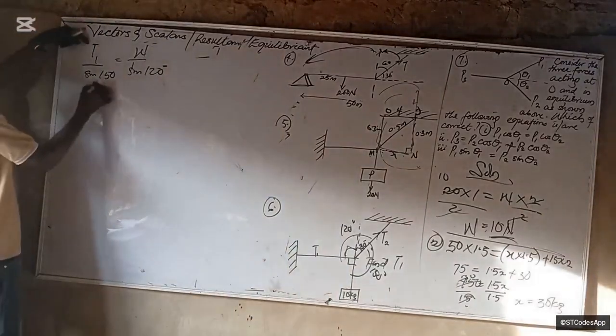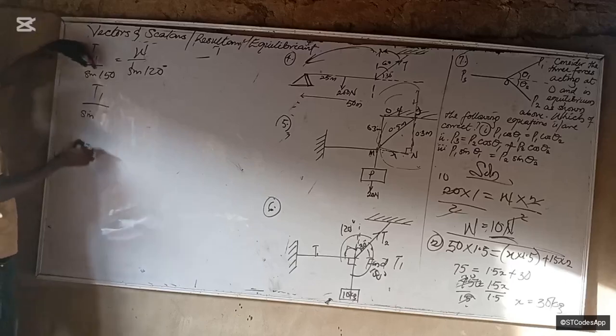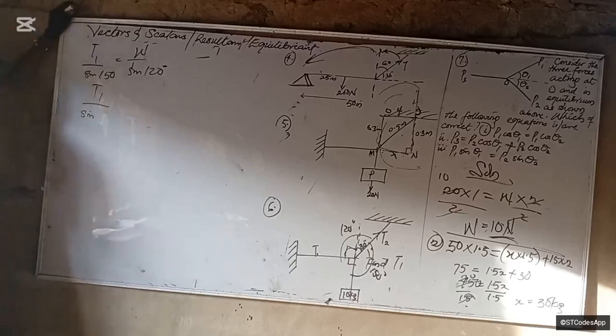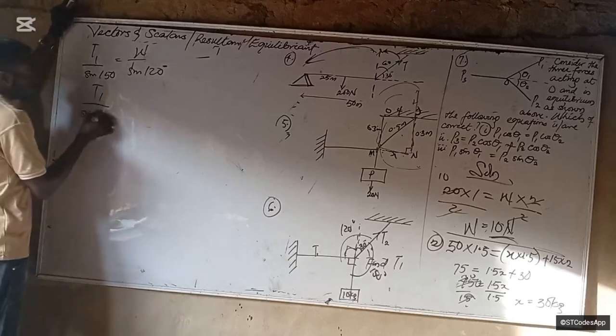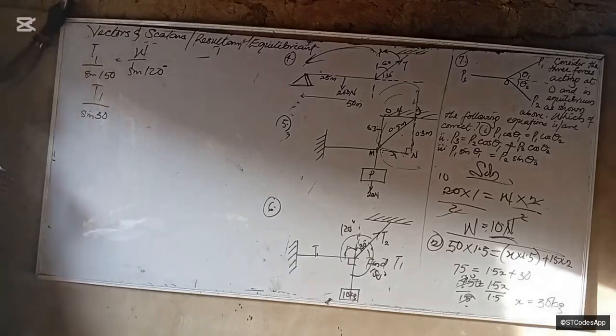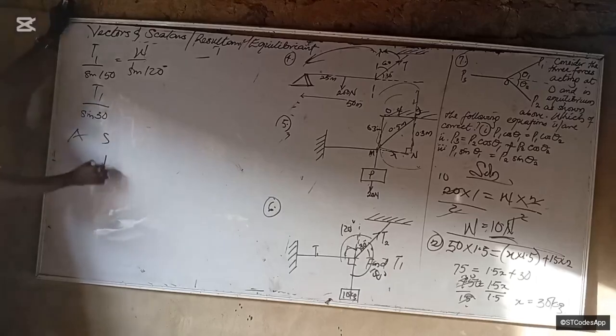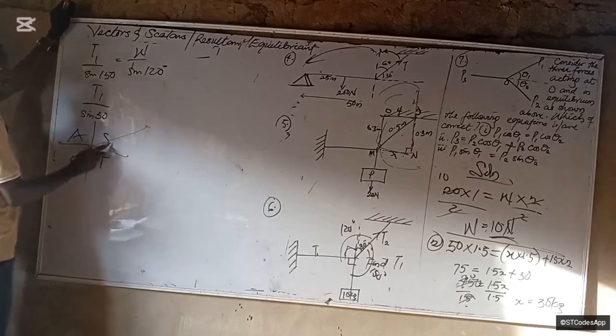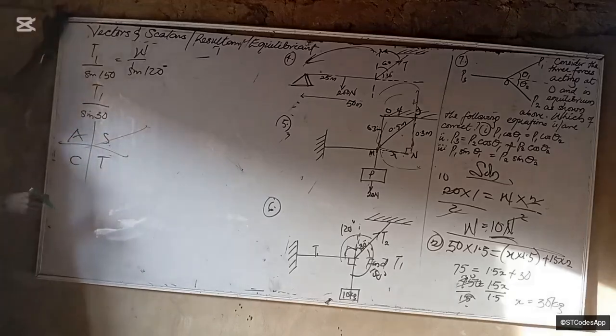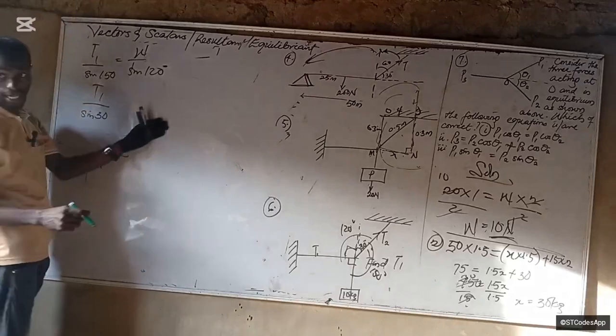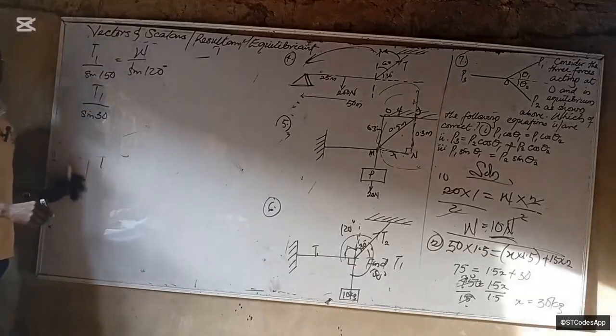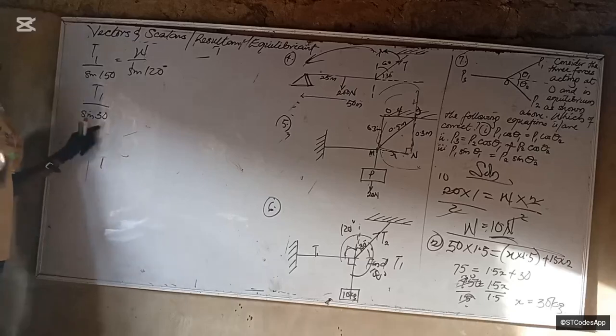So T1 is what we're looking for over sine 150. Sine 150 is the same as what? Sine 30, right? ASTC, all stations to central, right? So sine is positive in the second quadrant, so sine 30 is correct. Am I clear? Sine 30 is the same as sine 150 in the second quadrant.